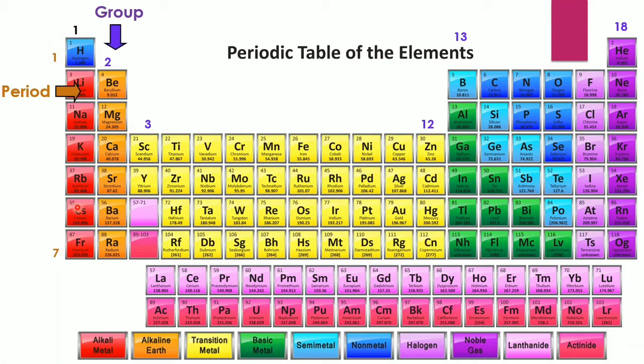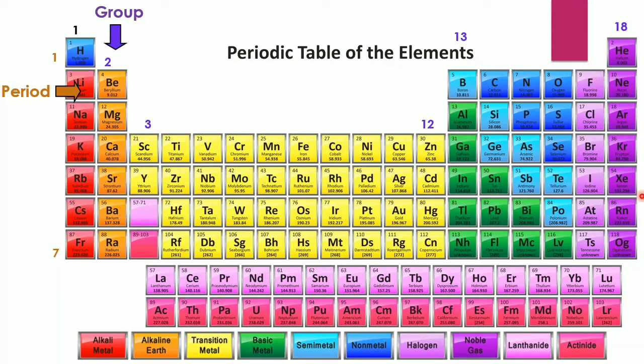Group 1 elements are known as alkali metals because they form strong bases when they react with water. Group 2 is called alkaline earth metals. Group 17 here is known as halogens.